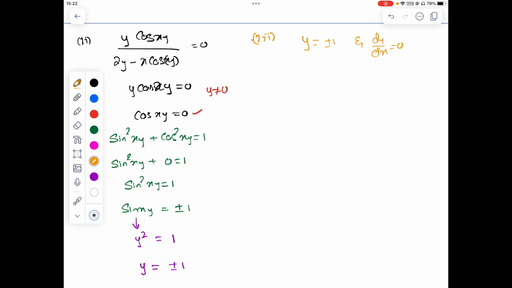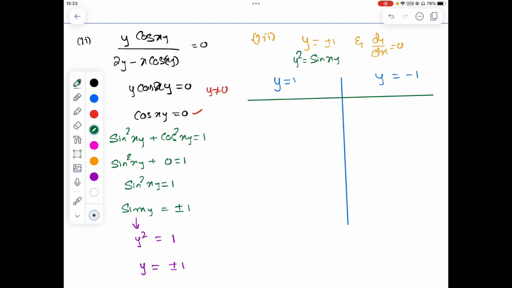So we are going to take two conditions, y equals positive 1 and y equals negative 1, and solve the two conditions together. Now we know that y squared equals sine xy, so we are going to plug in those values now.